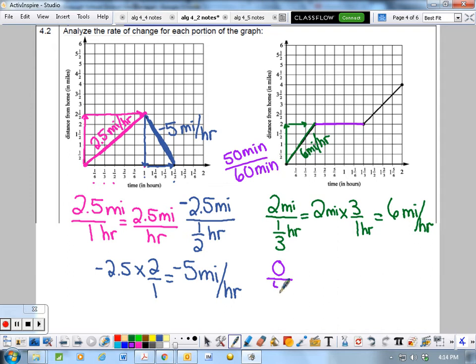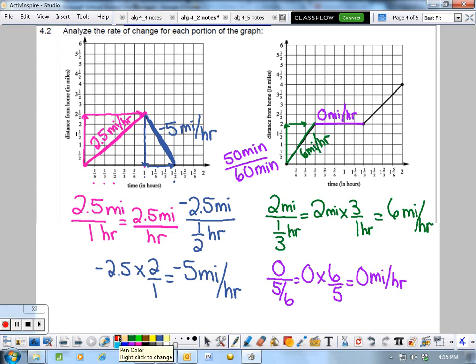So I'm traveling 5/6. If I were to do my math, I would do 0 times the flip, 6/5, which doesn't really matter because 0 times anything is 0. So this is 0 miles per hour, which makes sense because when we look at it, it's flat. We're not moving anywhere in that amount of time.